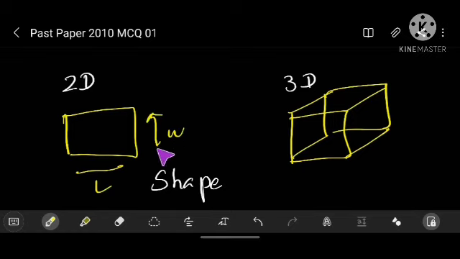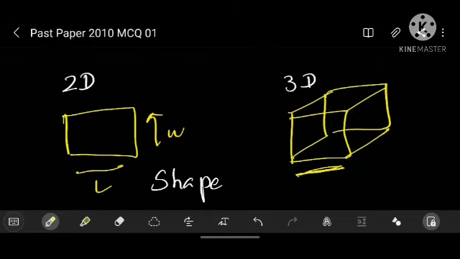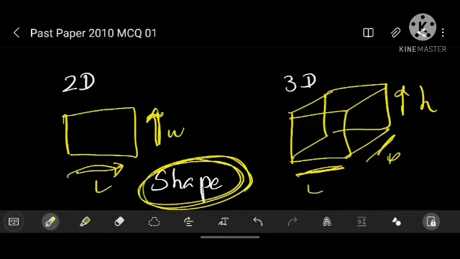And here the rectangle in 3D, it's a cube actually, has length, breadth, and height. So dimensions are responsible for defining the shape of an object. You have to note that down. Now you can understand the dimension completely.